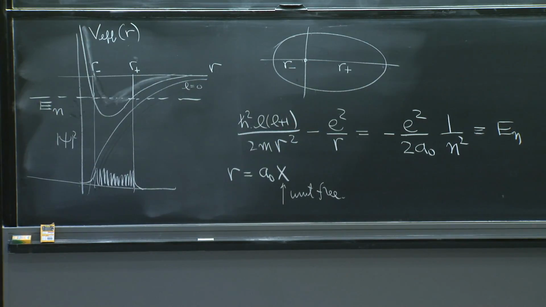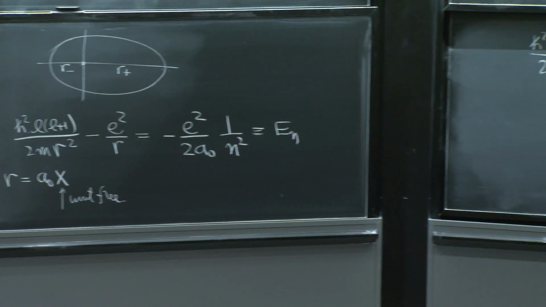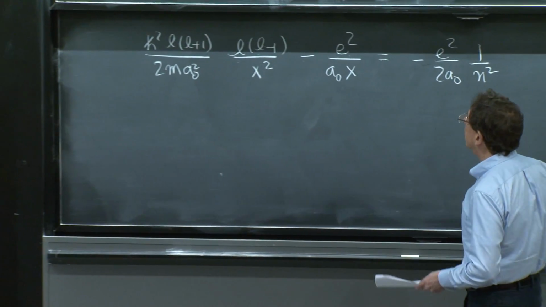And then the equation becomes ħ² L(L+1) over 2m a0², times 1 over x squared, minus e² over a0 x is equal to minus e² over 2a0 times 1 over n squared.